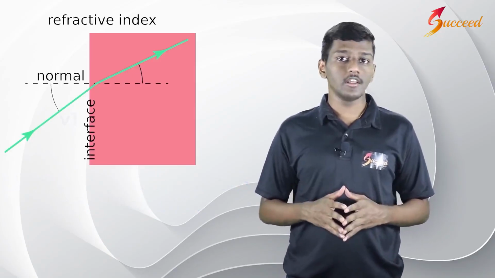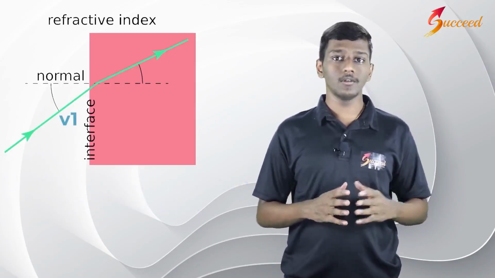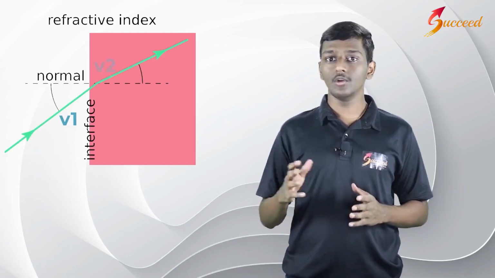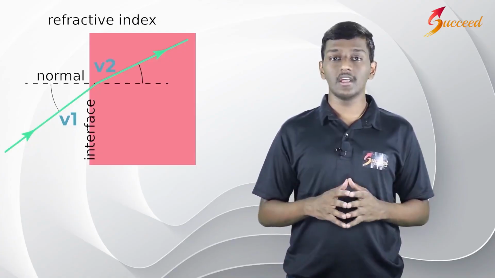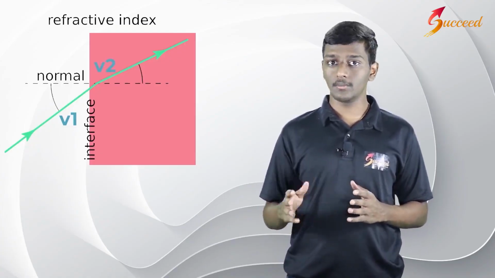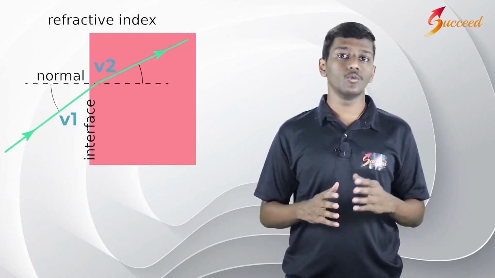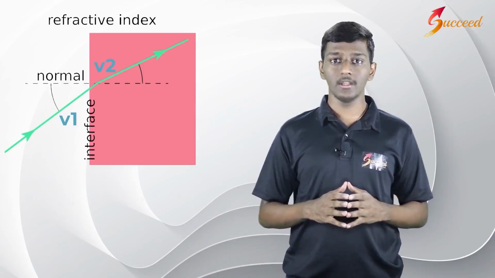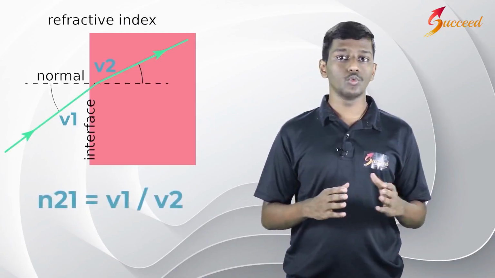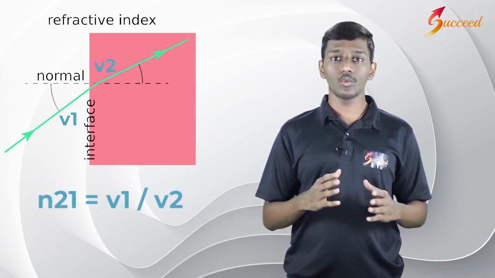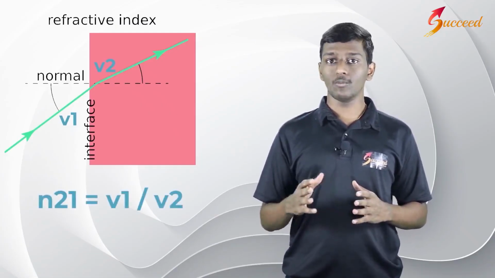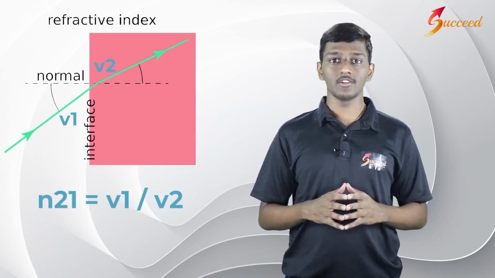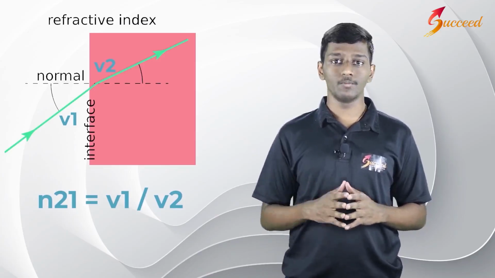If v1 is the speed of light in medium 1 and v2 the speed of light in medium 2, then the refractive index of medium 2 with respect to medium 1 is given by n21. n21 is equal to speed of light in medium 1 divided by speed of light in medium 2.